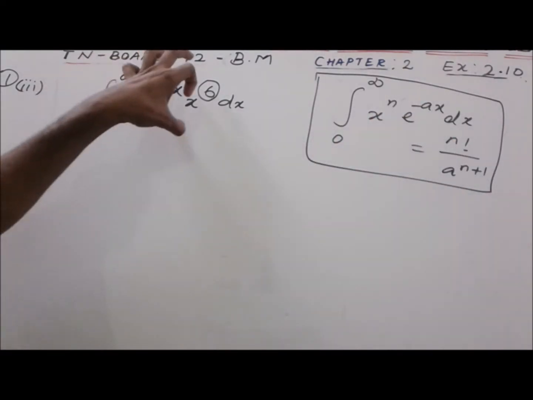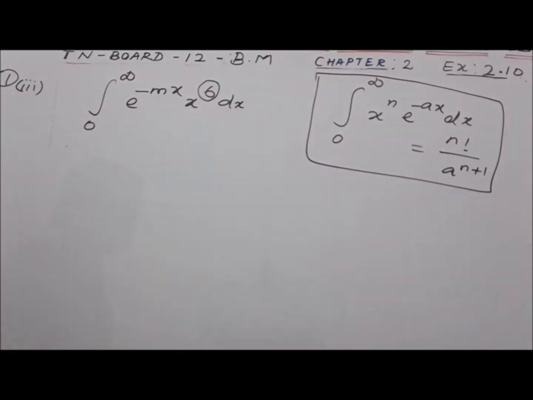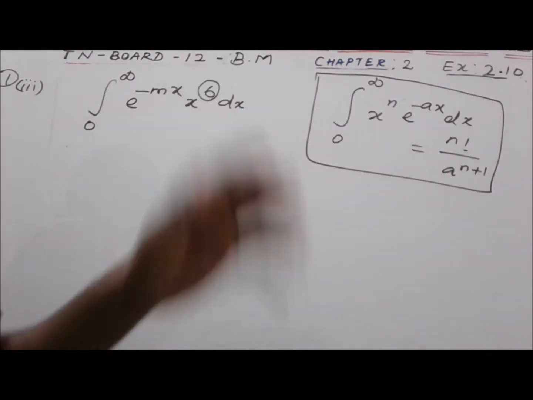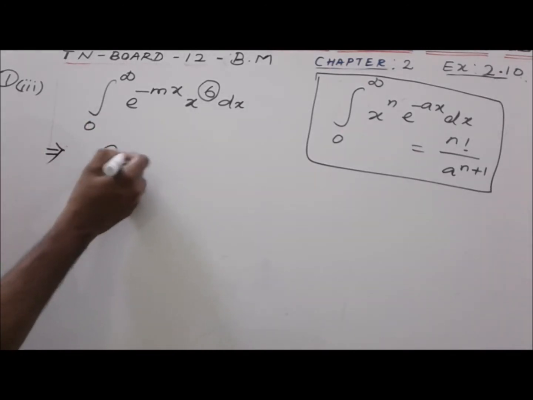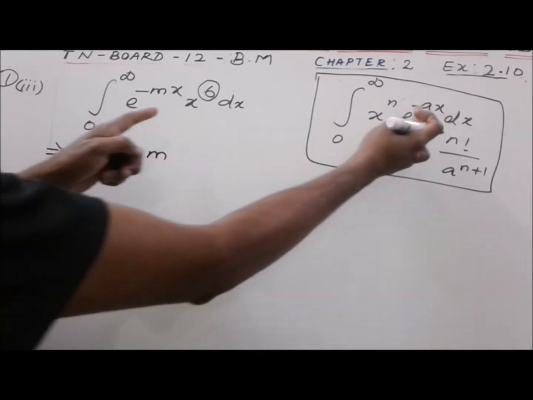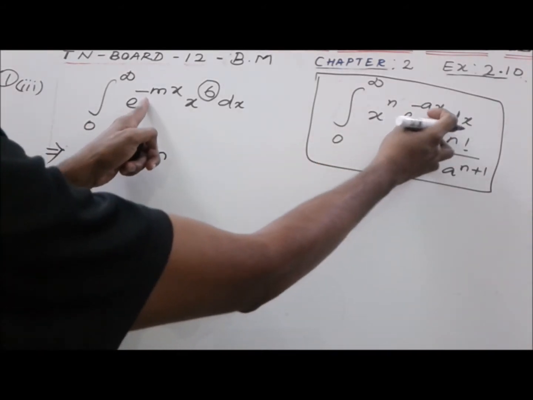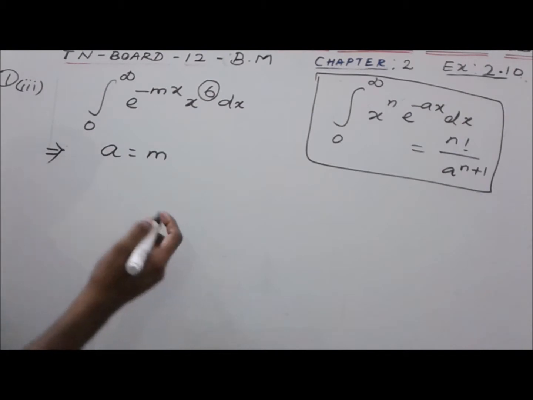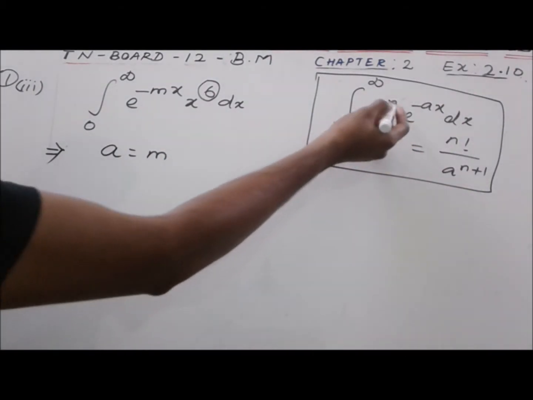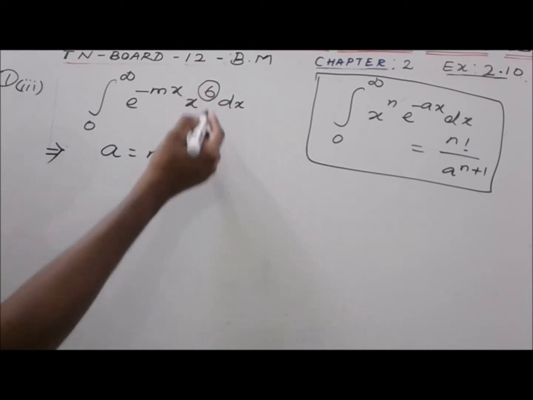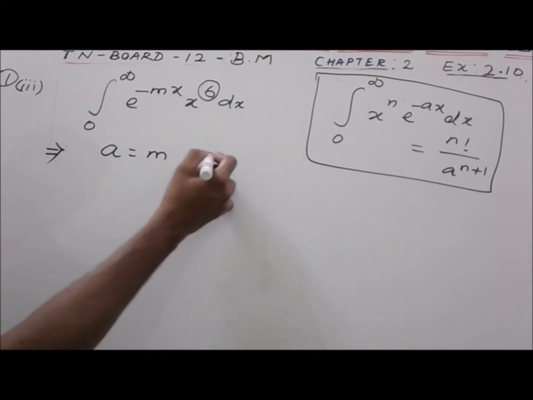From this, observe the value of n and a. Comparing these two, a equals m, with the minus and x omitted; instead of a we have m. And the power of x is n. Here the power of x is 6, so n equals 6.